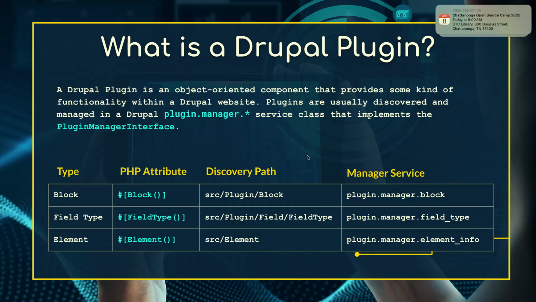And they almost always implement the plugin manager interface, but there are a few plugins in Drupal that don't necessarily do that, and the element plugins are one of those.